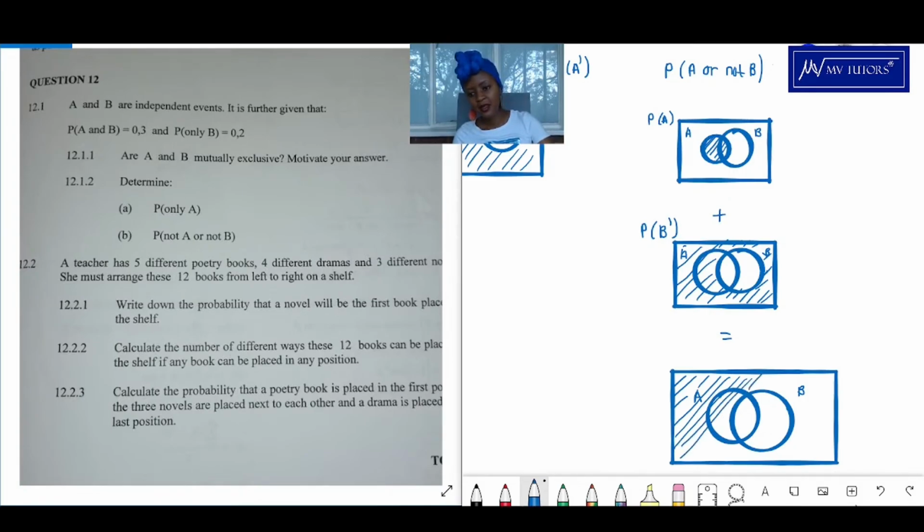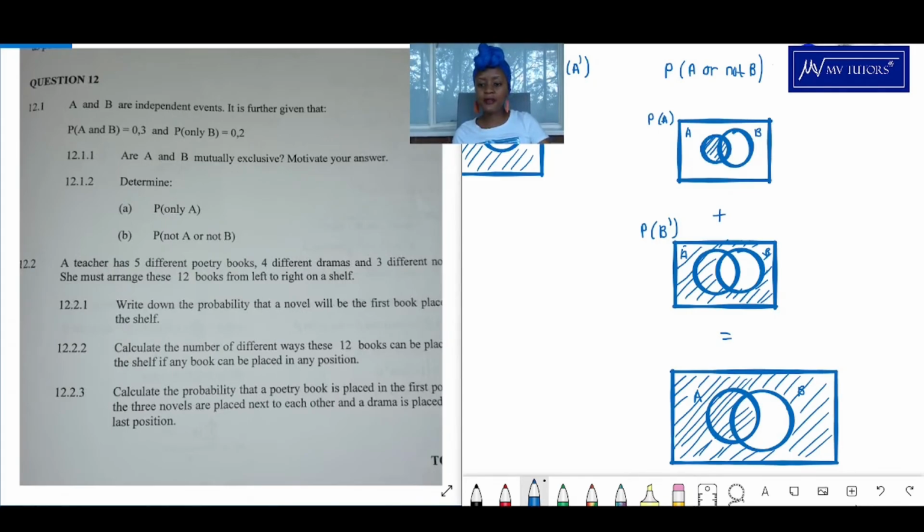Okay, so B, this side is not included. But because A was included previously, we're going to have to include all of it. So basically the only part that is not shaded here is the B only.